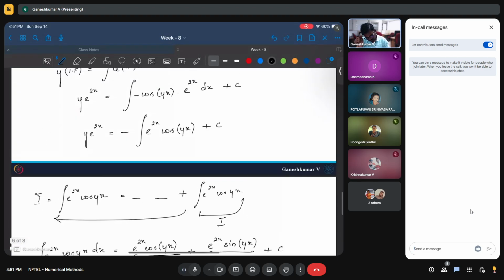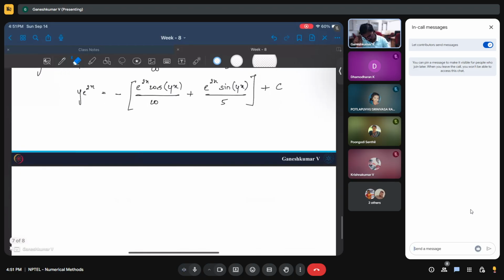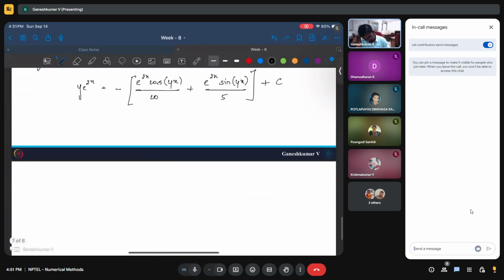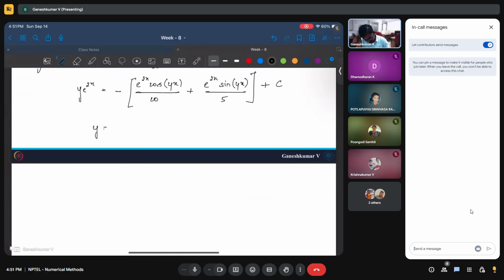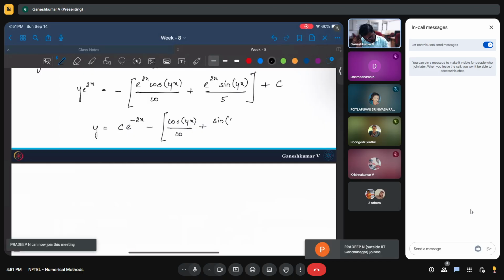This c you can couple, so that's not a big deal. Now you can take e power 2x to the other side, and you can write y equal to c e power minus 2x minus cos 4x by 10 plus sine 4x by 5.